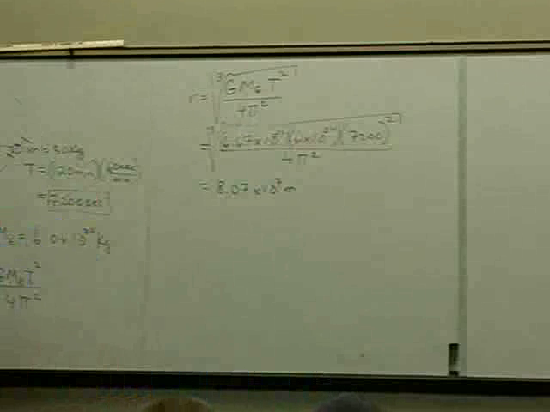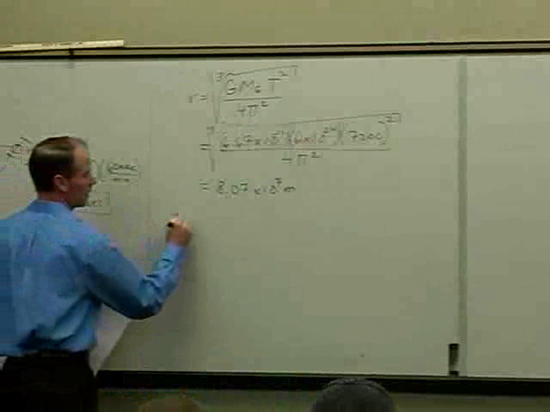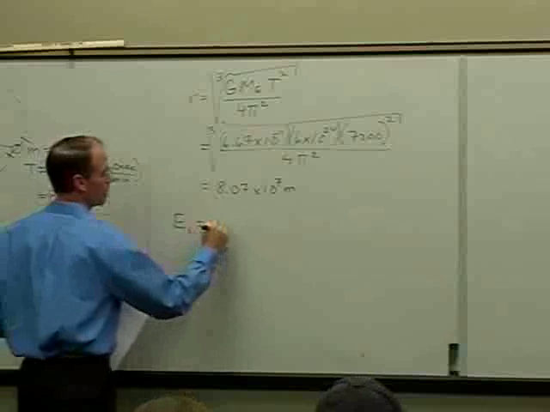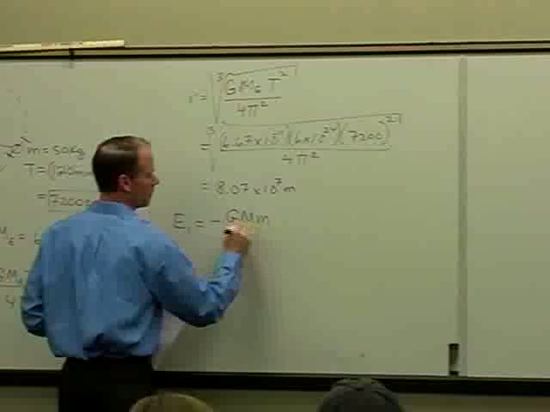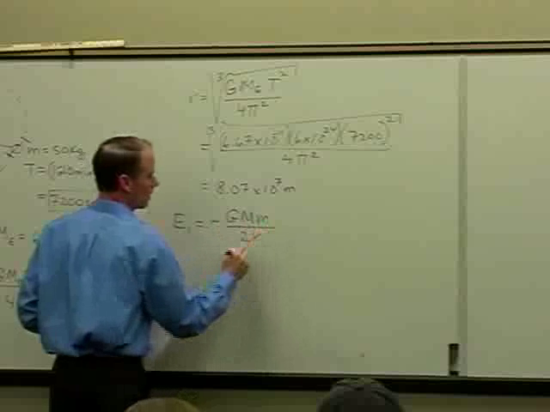So we could probably say that the energy of that orbit, let's call it energy 1, would be equal to negative G M m over 2R.